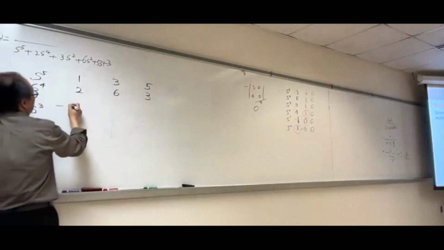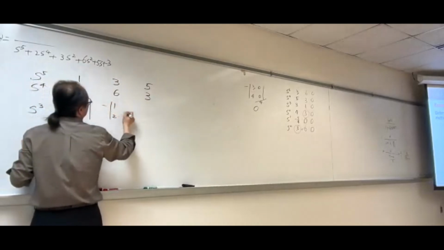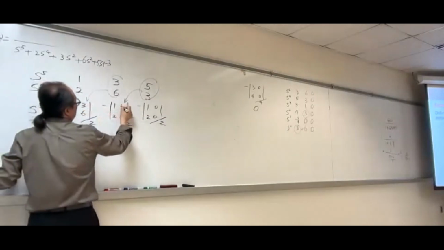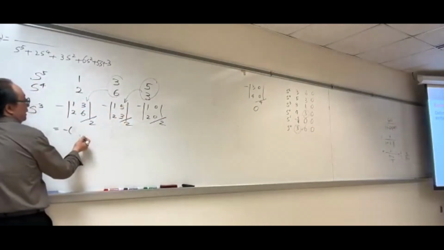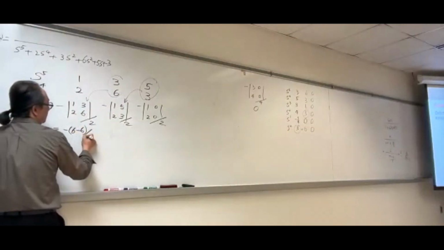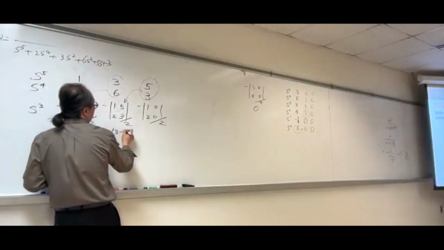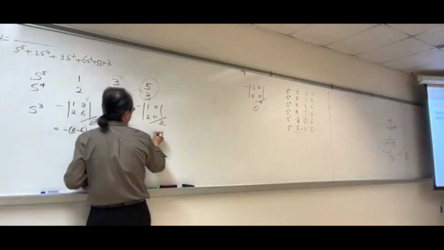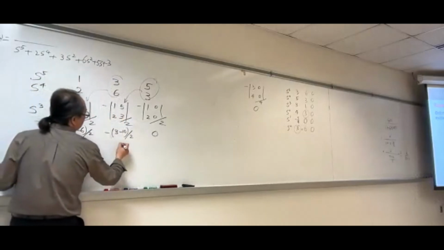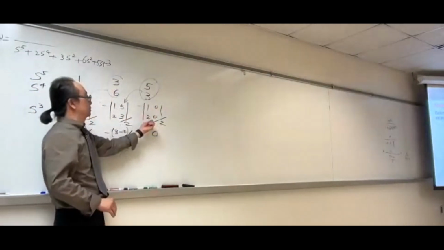Then S3: negative determinant of 1, 2, 3, 6, 5, 3 over 2. So 6 minus 6 over 2, and 3 minus 10 over 2. That is 0. This is 0. This is 7 over 2 with the negative sign.